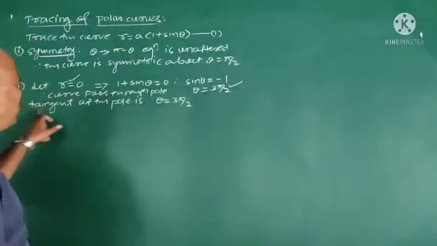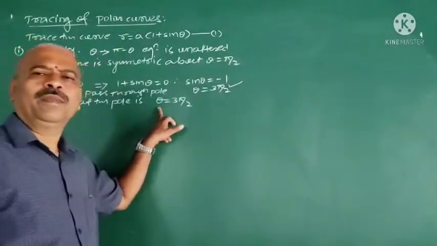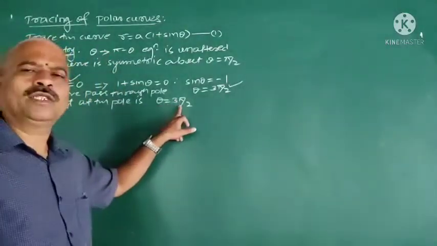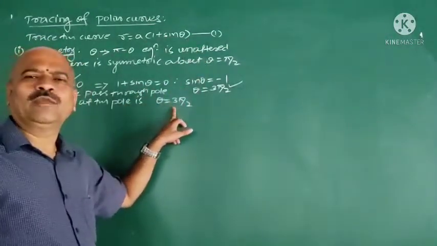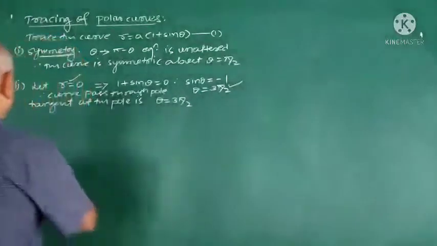The curve passes through the pole. And what is the tangent line at the pole? Theta equal to 3 pi by 2 is the tangent line. Symmetric about pi by 2.